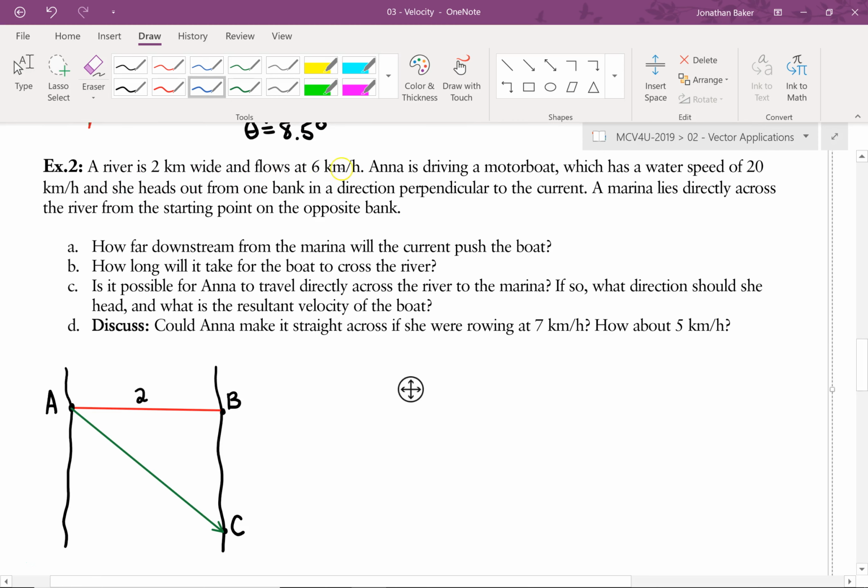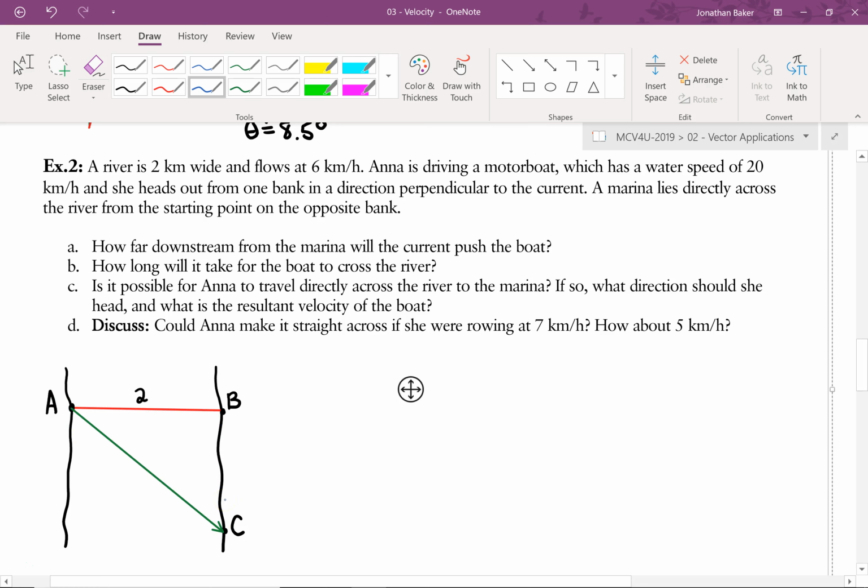So the first thing we know is that the water is going to flow at 6 kilometers an hour and that she can go at 20 kilometers an hour. And so what this means is that we can put these together, 6 kilometers an hour plus 20 kilometers an hour, and we can create something called a velocity triangle that will be similar to this distance triangle, this displacement triangle.